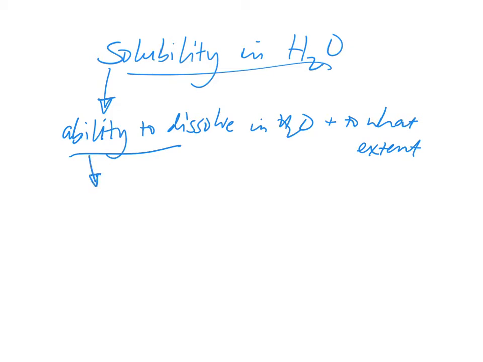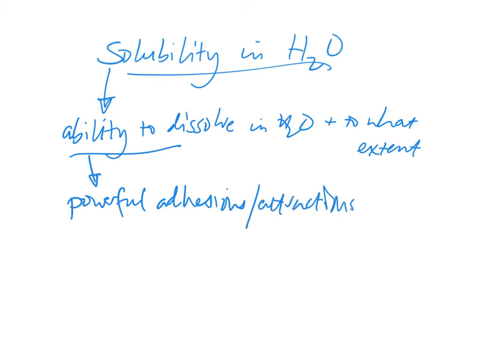And the way that works is it's a result of adhesions or attractions between solute and solvent. So there should be strong adhesions or attractions between the solute and the solvent, or for these purposes, between the solute and water.